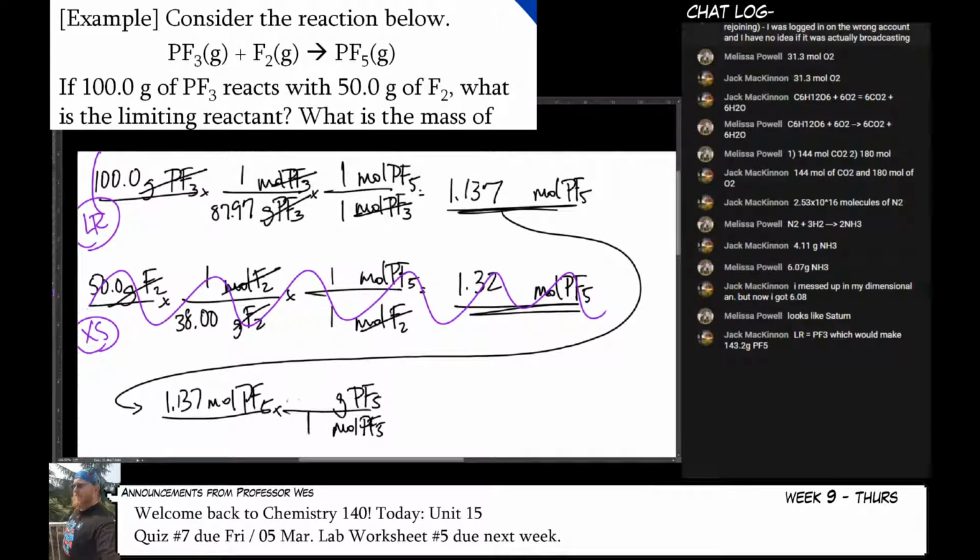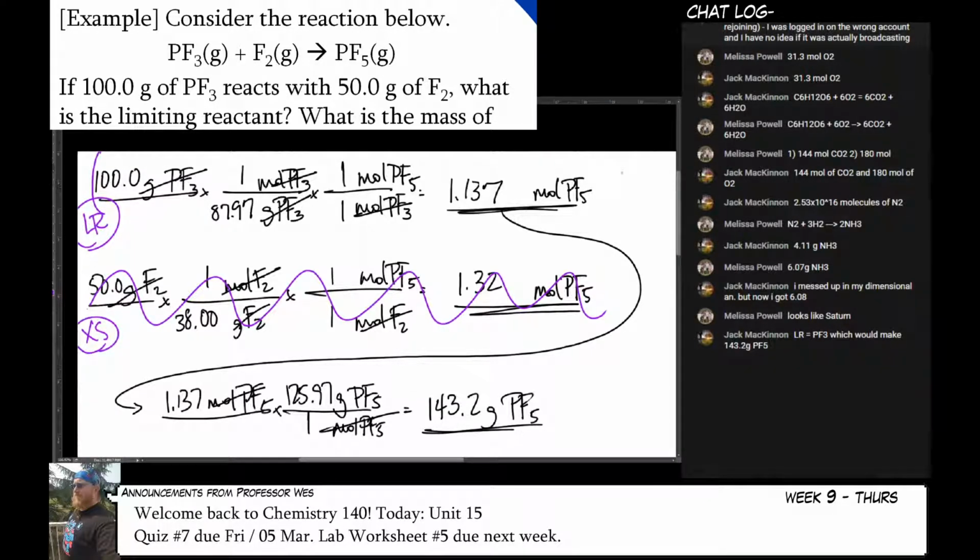So 1 mole of PF5 is 125.97 grams. And the answer I get is 143.2. There you go.